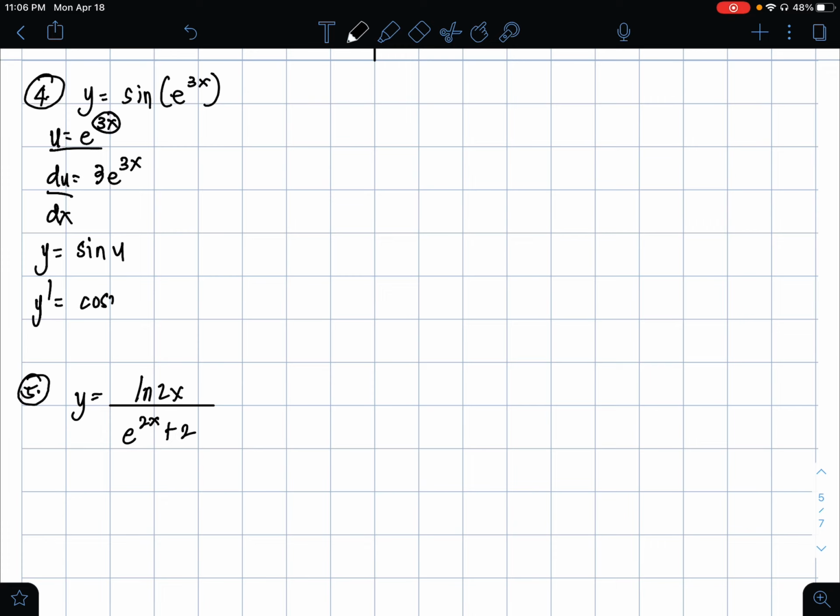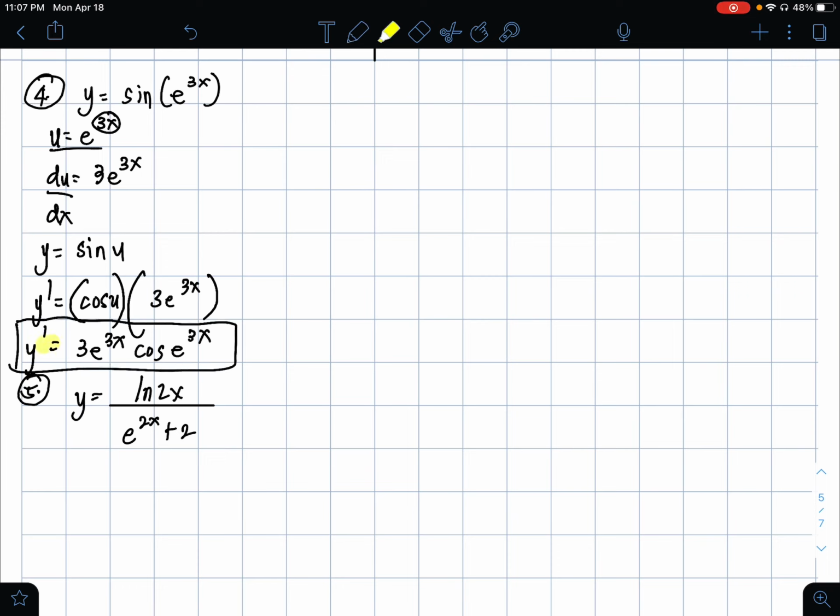So that's cosine u, and the derivative of u, which is 3e3x. So that's y prime is equal to cosine u, or that is, unahan nato si 3e3x times cosine, your u is e3x. And obviously, this is your final answer.